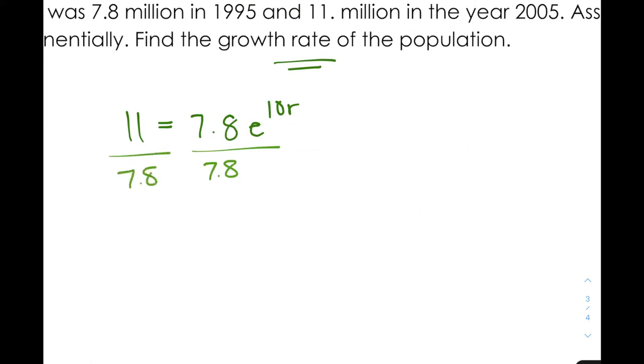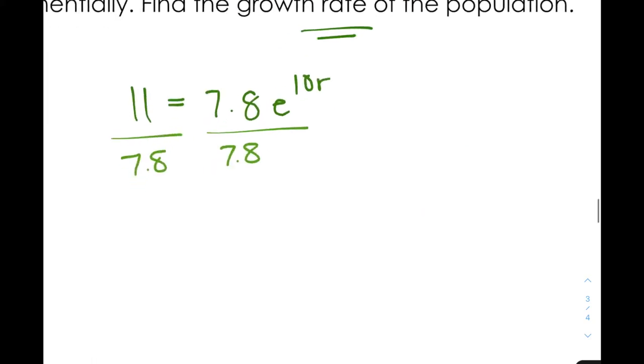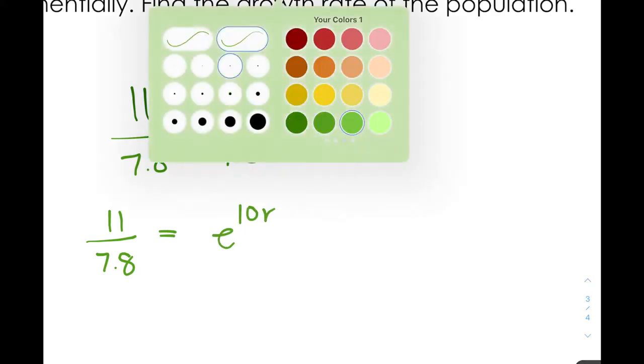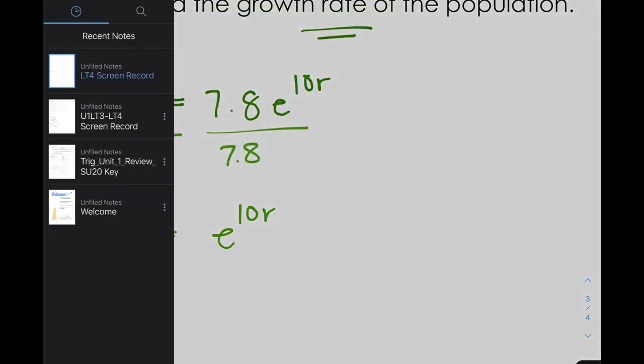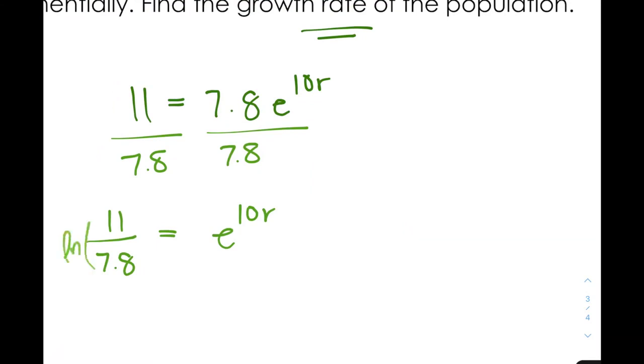Because if we were to take the log right now, it wouldn't work. It wouldn't give us what we're looking for. So I'm going to divide both sides by 7.8 first. So we'll have 11 over 7.8 equals e to the 10r. Then what I'll do is I'll take the natural log of both sides.